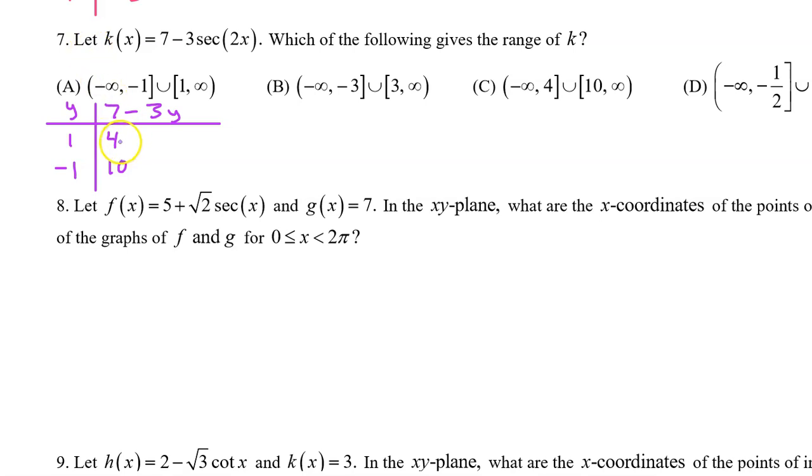The new range will go from negative infinity to 4, union 4 to infinity. I had to sort of mentally flip it around from least to greatest. But again, the range will go from negative infinity to 4, union 10 to infinity. So the answer is C.